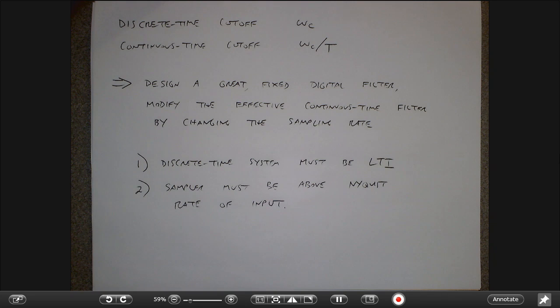Right? Because if the input is not sampled fast enough, then everything goes to hell, right? Because you can have all these overlaps, and the effective thing that you get isn't actually what you thought you were going to get because of the aliasing, right? So that's really important. Otherwise, you might not be able to actually get this to work.